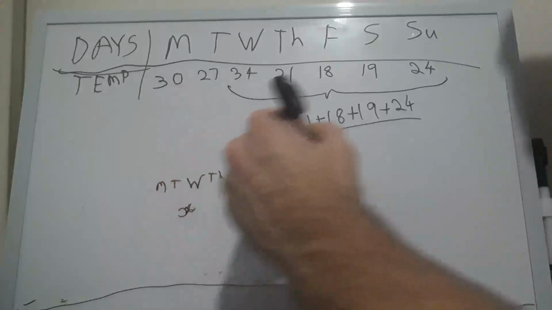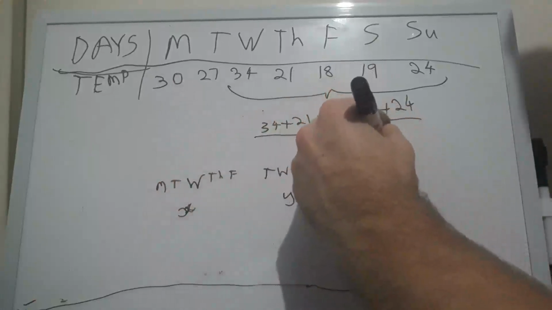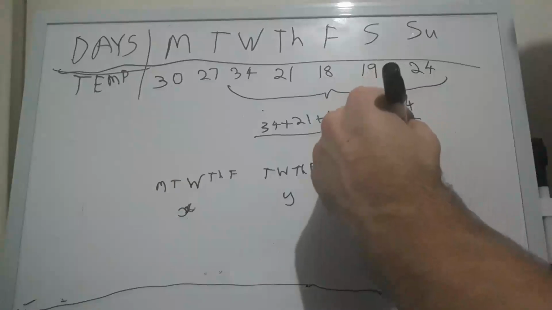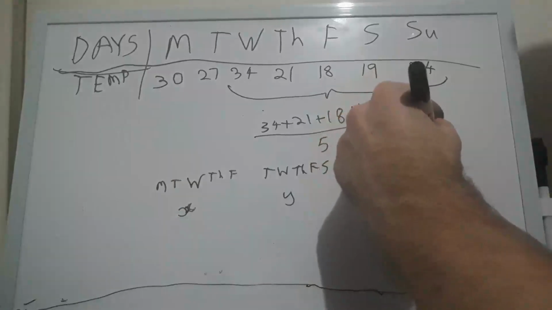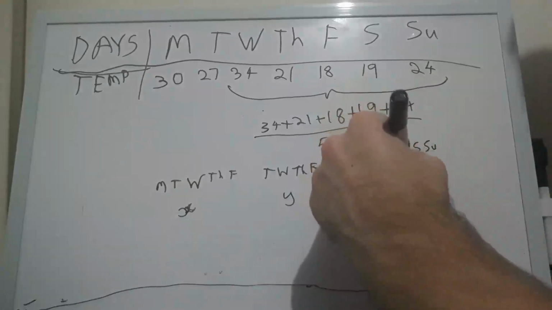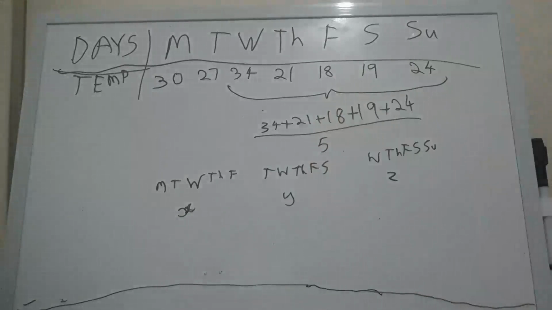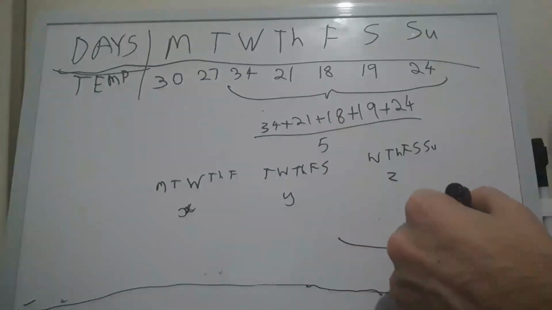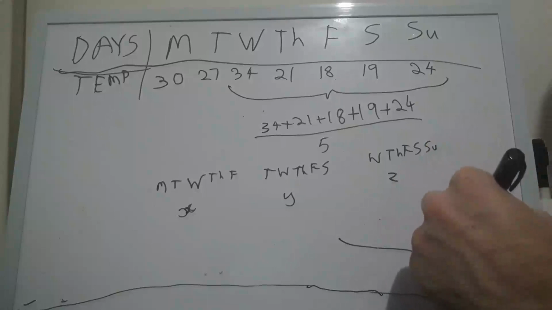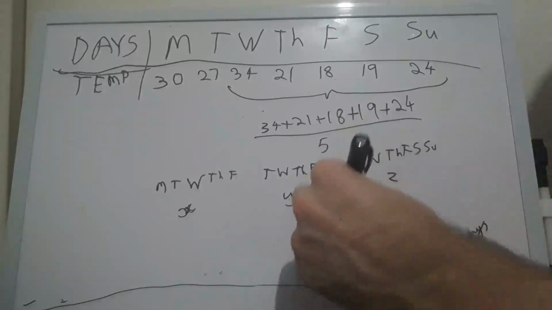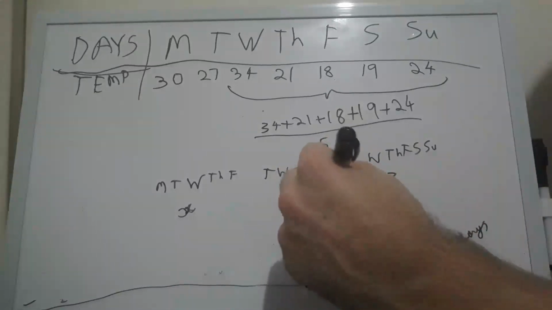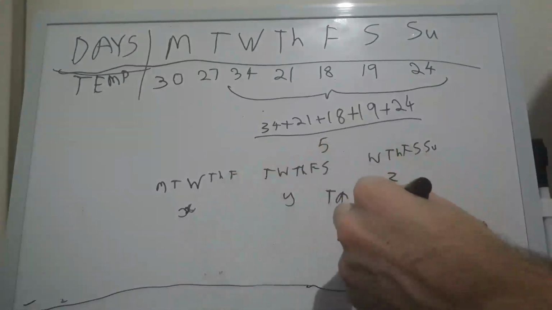We'll call that Y. Then you'd have Wednesday, Thursday, Friday, Saturday, Sunday, and we'll call that Z. Then you would have your plot of days and temperature, but you only have 3 data points.